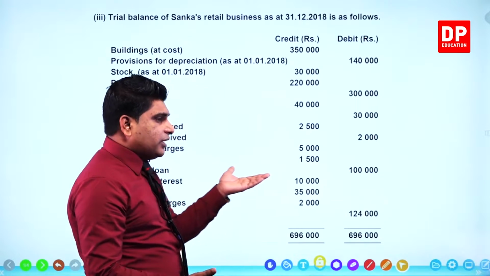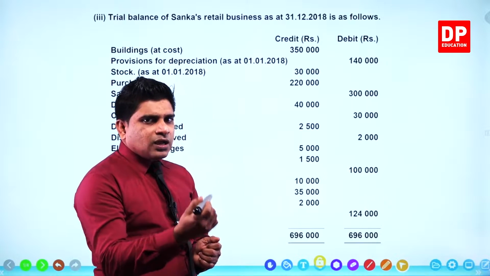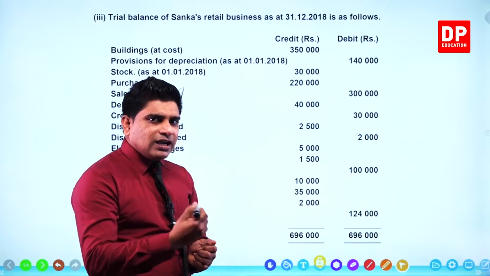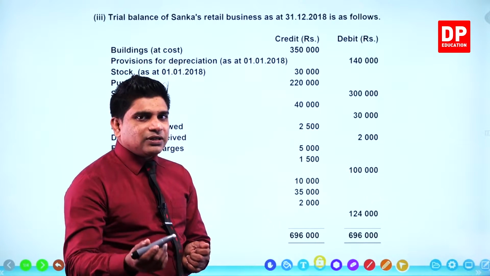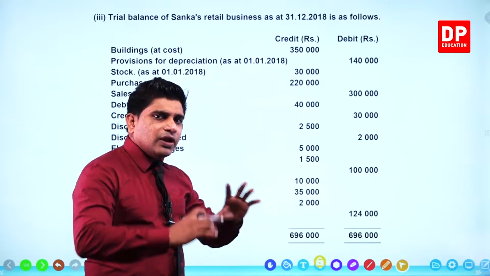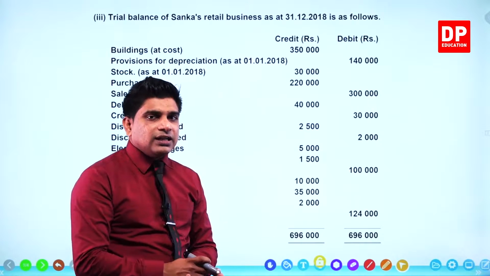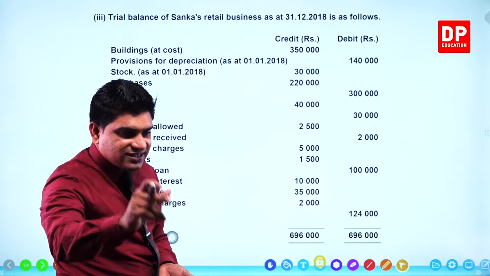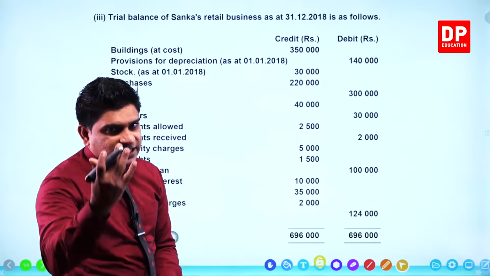If it goes to the statement of financial position, mention whether it comes under non-current assets, current assets, non-current liability, or capital. So you can classify first of all. Then when we do the question, it's very easy to enter the details in the relevant place.